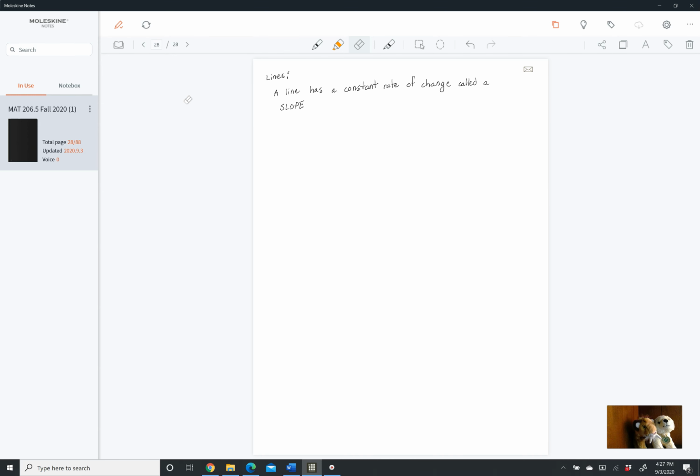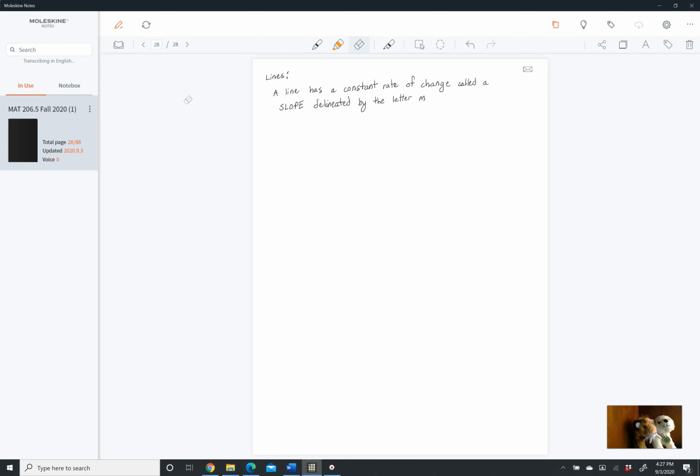Okay, and this is delineated, so delineated means represented. It's delineated by the letter M. Delineated or represented by the letter M. So instead of always writing slope equals, we can just write M equals. Okay, so let's talk about what this means.